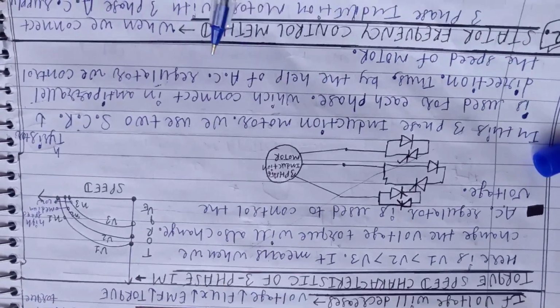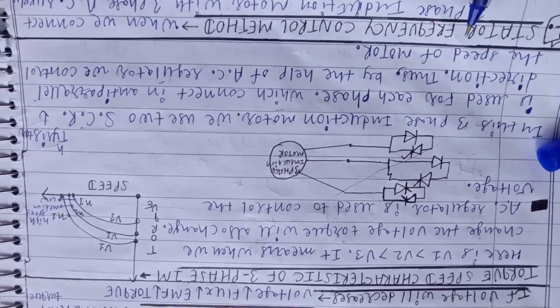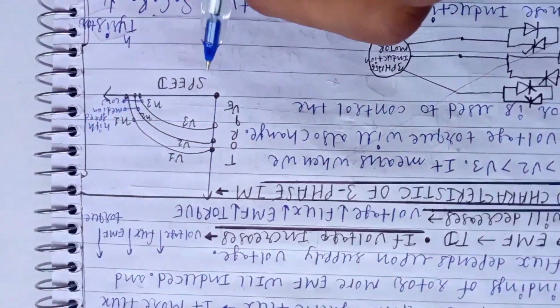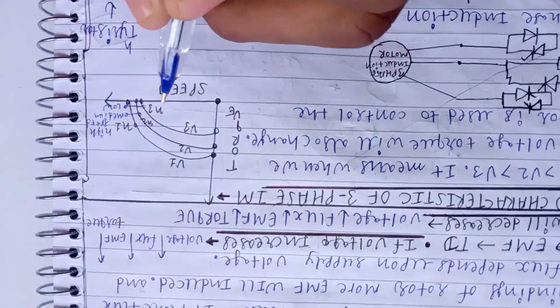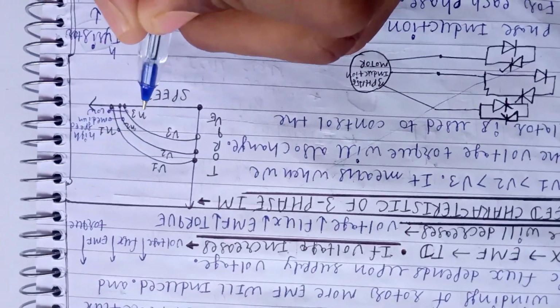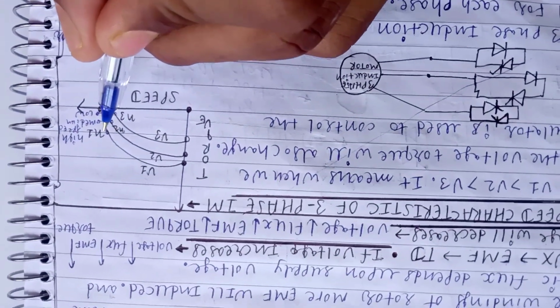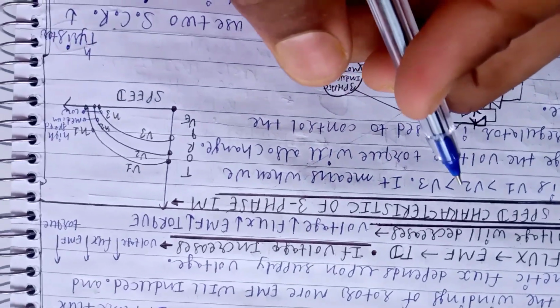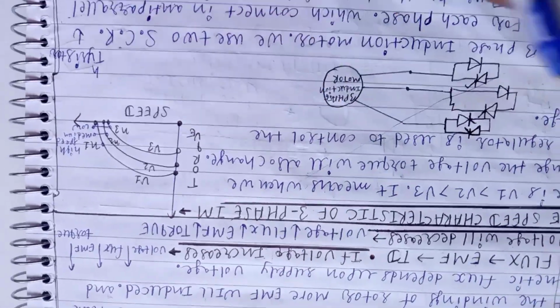Thus, with the help of the AC regulator, we control the speed of the motor. Characteristics: torque versus speed for V1, V2, V3, with low speed, medium, and N1 is high speed. That means V1 is bigger than V2 and V3.